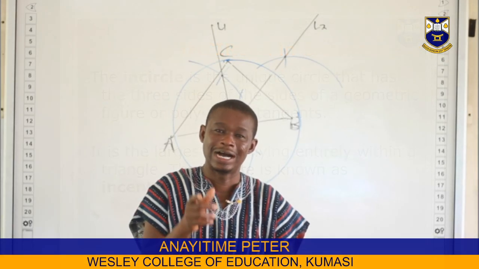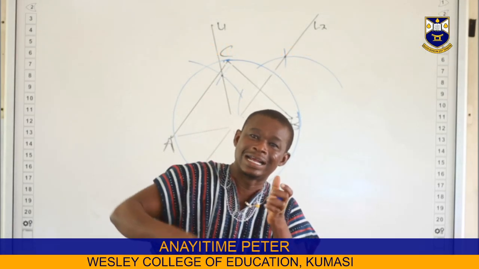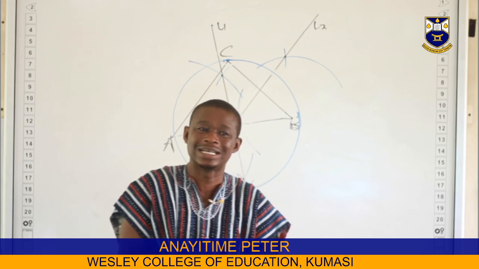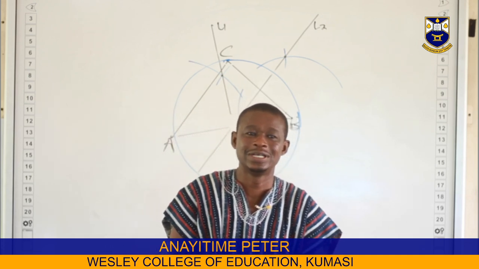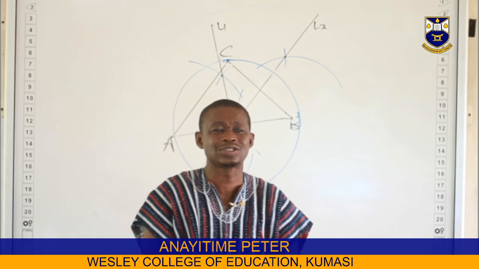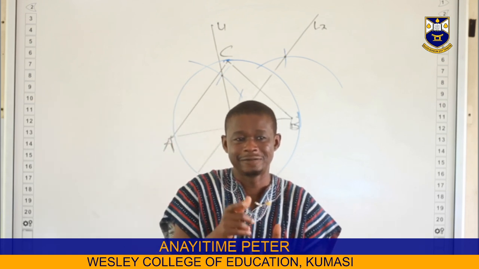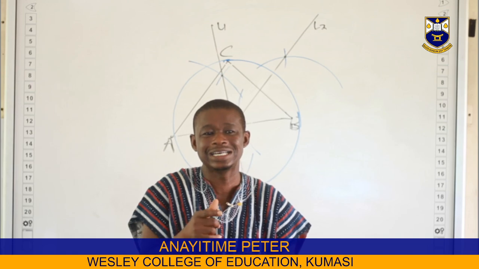And when you have a circle and a line touching it, we call it a tangent. So the incircle is a unique circle that has the 3 sides of the geometric figure or the polygon as its tangents.